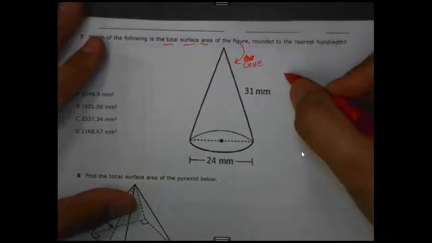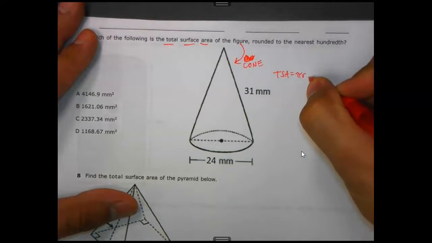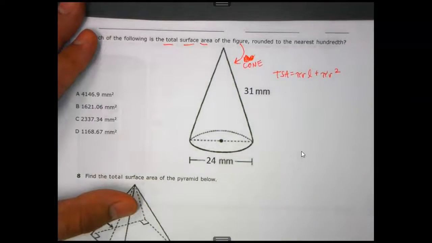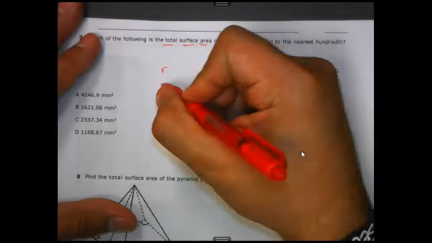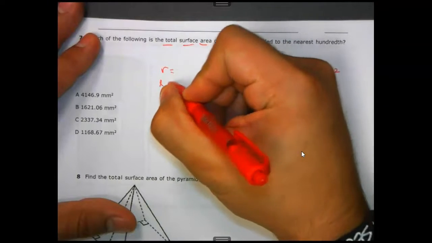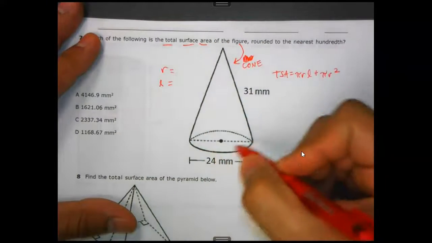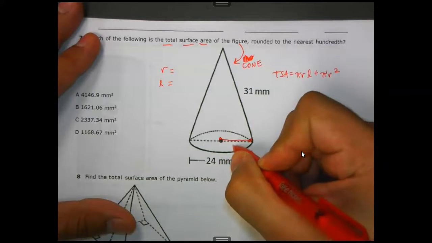Now, here's the deal. What is R? I need to know R and I need to know L. Now this 24 is the diameter. So I need to know from here to here, that's the radius.